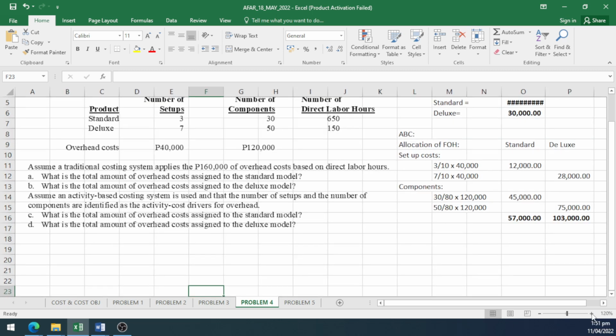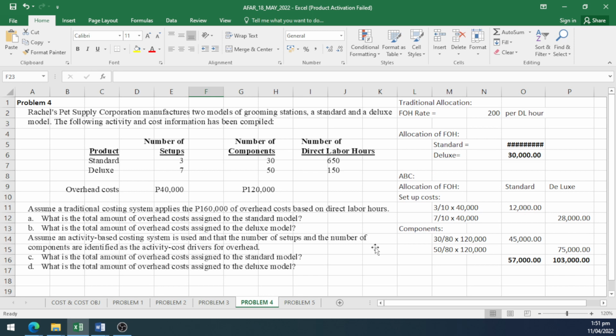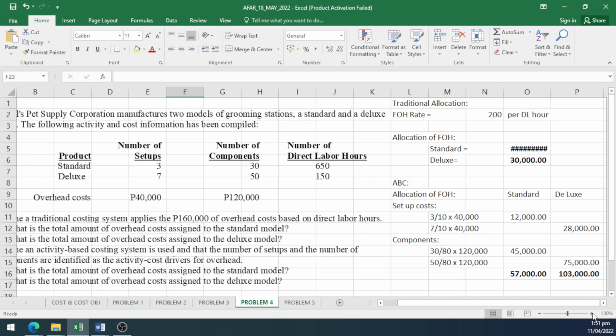Another problem for activity-based costing and for traditional na plant-wide system. Sa tatlo na yan, ladies and gentlemen, ang pinaka-accurate yung activity-based costing, syempre.